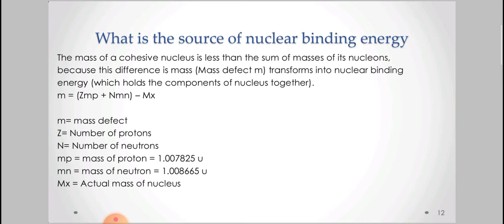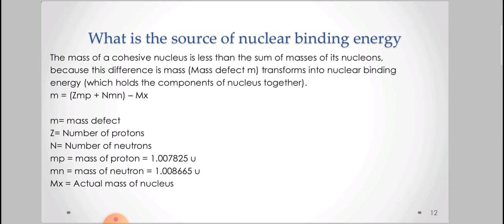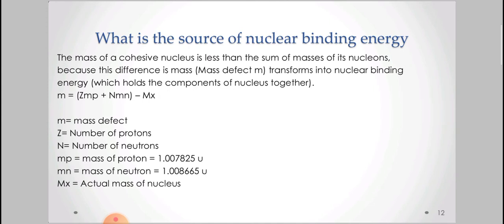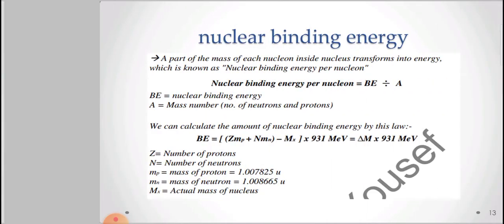Delta M equals Z times MB plus N times MN minus MX, where delta M equals the mass defect, Z equals the number of protons, N equals the number of neutrons, MB equals the mass of a proton, equal to 1.007825, MN equals the mass of a neutron, equal to 1.008665 unit, and MX equals the actual mass of the nucleus.